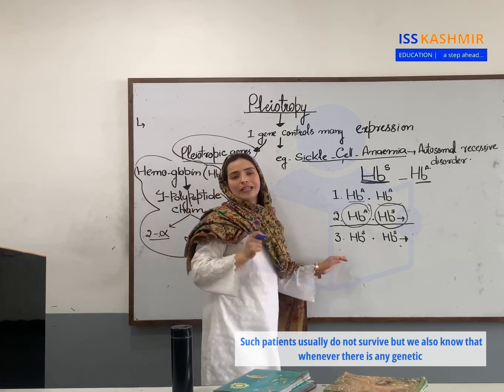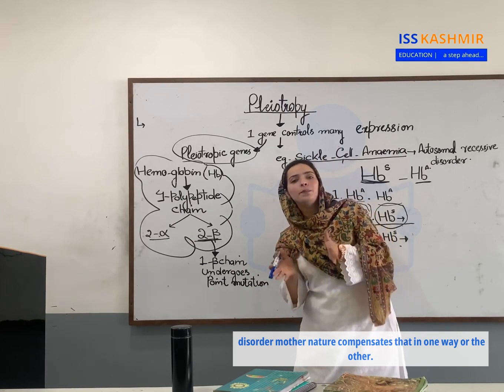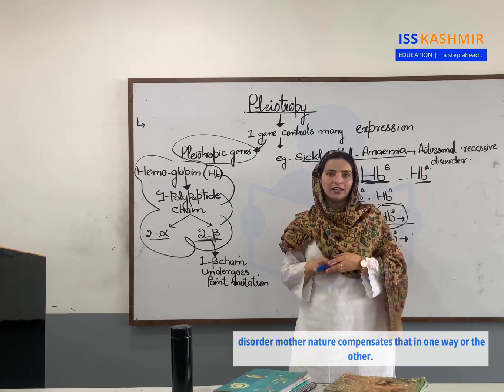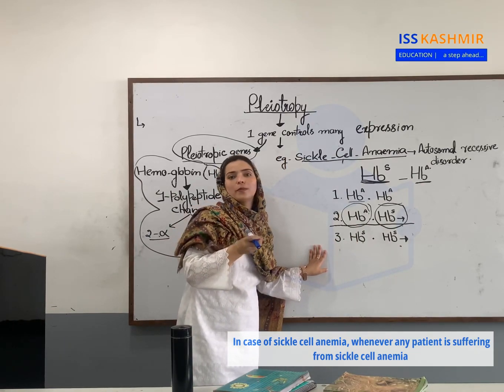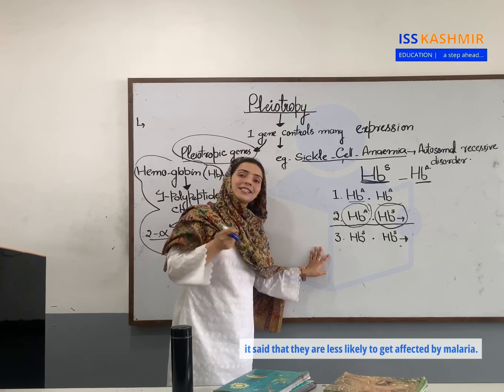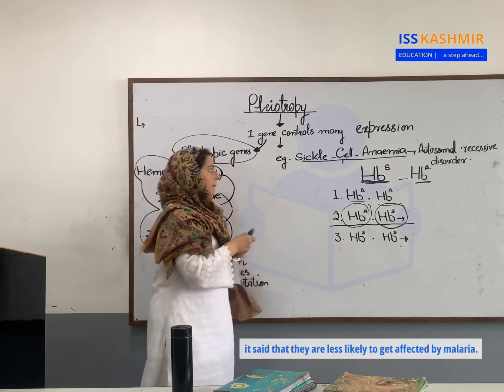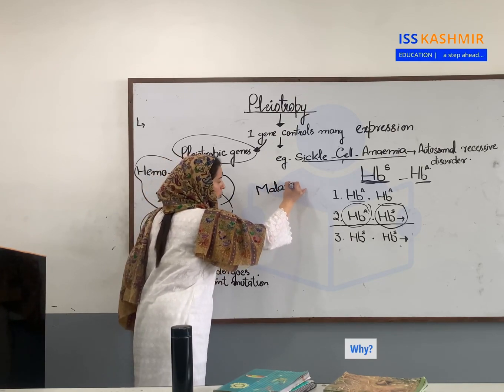But we also know that whenever there is any genetic disorder, Mother Nature compensates for that in some way or the other. In case of sickle cell anemia, it's said that patients suffering from it are less likely to get affected by malaria. Why?